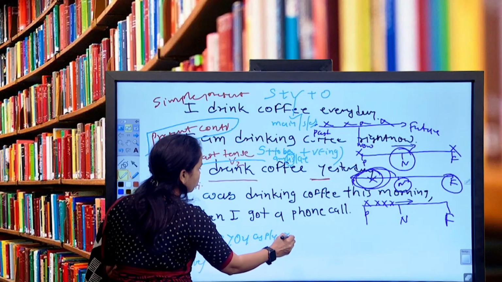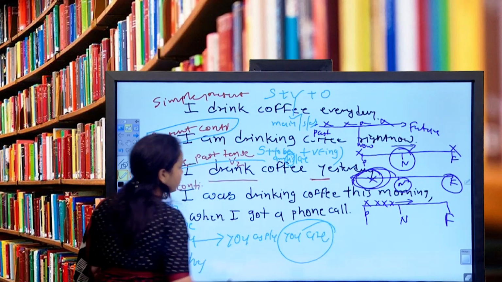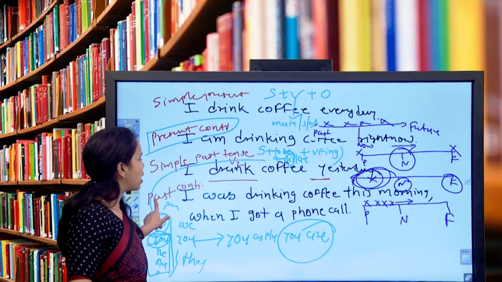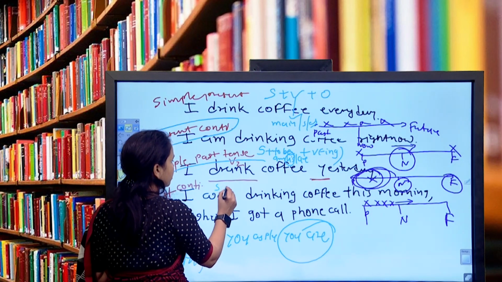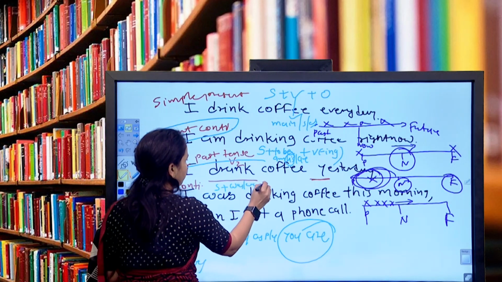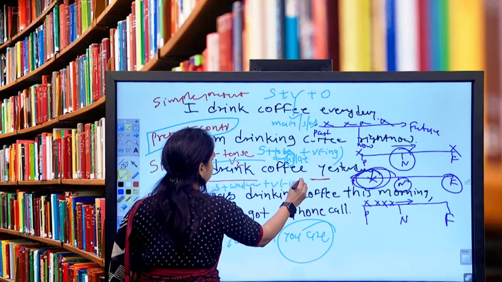So, with you, you have to use the to be form are. It is mandatory. In the same way, past continuous tense: subject, was or were, main form of the verb with ing.